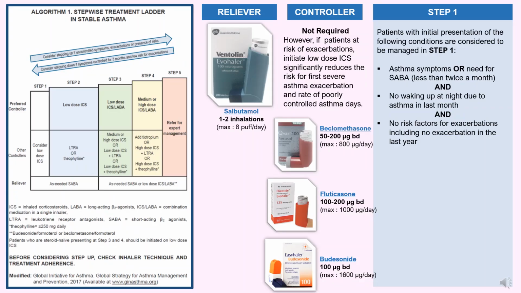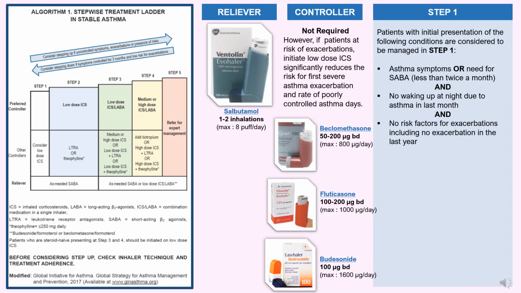Patients with initial presentation of the following conditions are considered to be managed in Step 1. Patients that have asthma symptoms or need for salbutamol less than twice a month, no waking up at night due to asthma in the last month, and no risk factor for exacerbations, including no exacerbation in the last year.